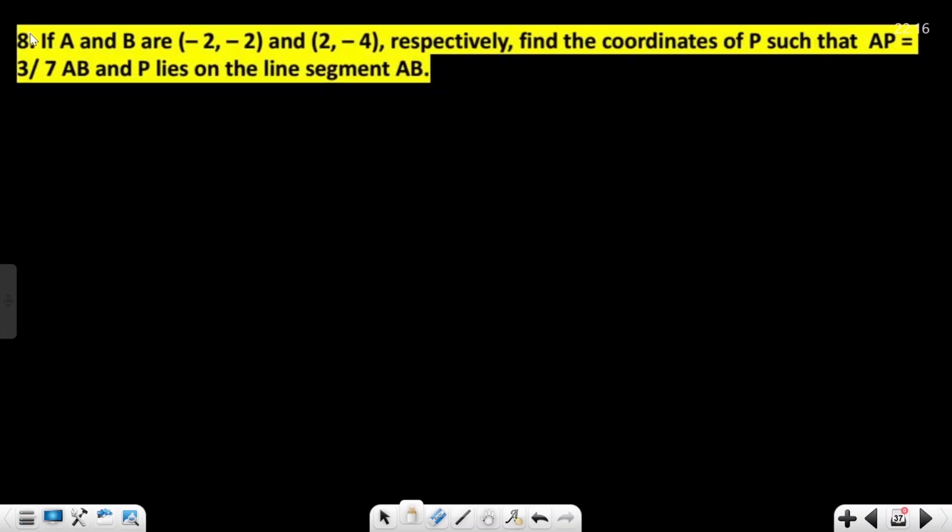Question number 8. If A and B are given respectively, find the coordinate of P such that... first of all we make the line. Point A and point B, we give the names.